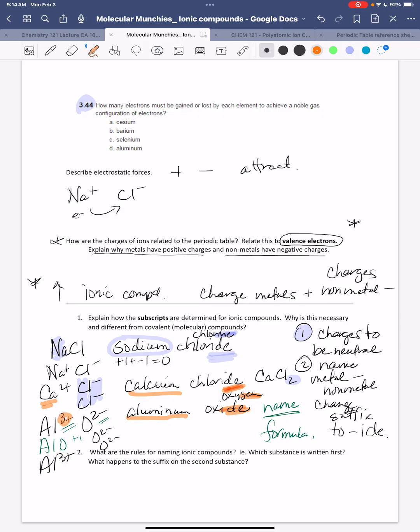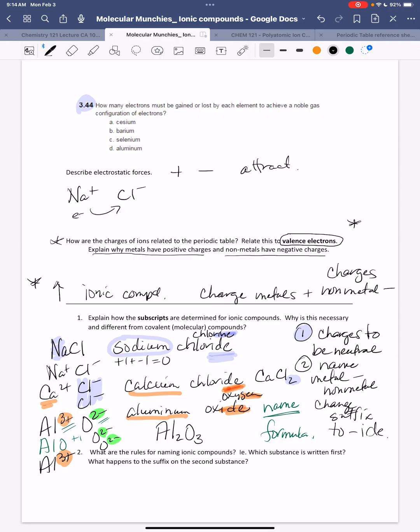If I have +6 and -6, I have a neutral compound. So I'm going to call that aluminum oxide. So it's Al2O3 in order to get a charge balance on that. Okay, so basically that's how that goes.